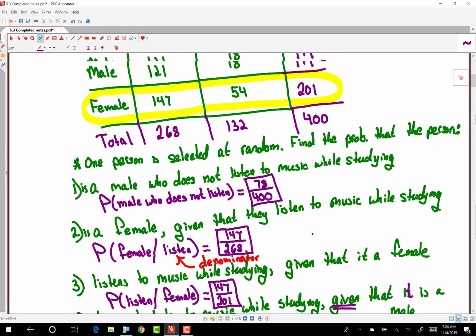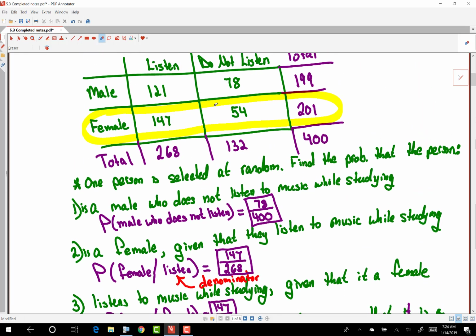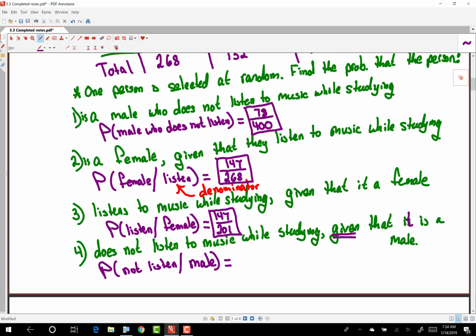So we're given that it's a male, so we're looking only at the males. So we're just looking at this row right here. So the bottom number is going to be 199, and then out of those, how many do not listen? 78. So it's going to be 78 out of 199.